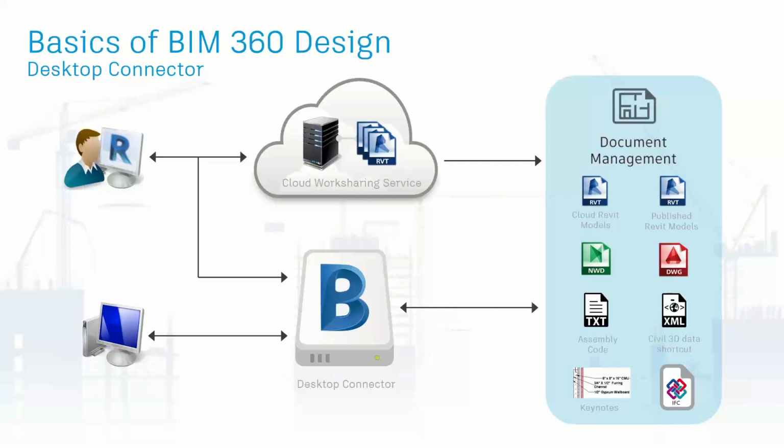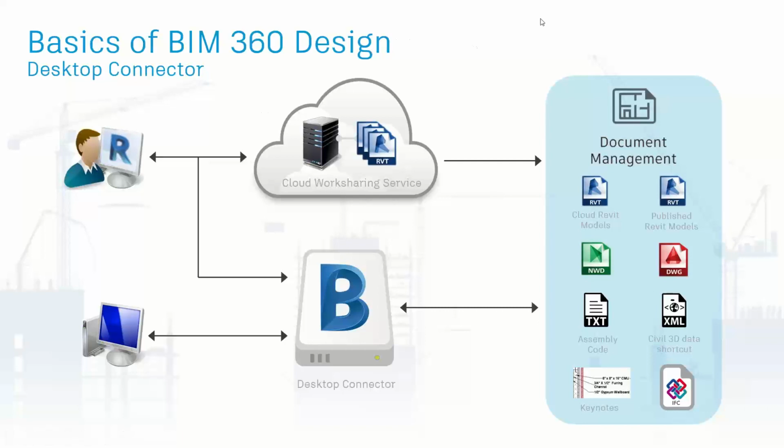So desktop connector is our connector where you can start seeing the information from BIM 360, your information in the cloud, but directly in your Windows environment. You start connecting your Windows environment with your cloud. So directly in your Windows browser, you can start viewing, you can start opening, uploading, and downloading documents and save that directly in BIM 360.